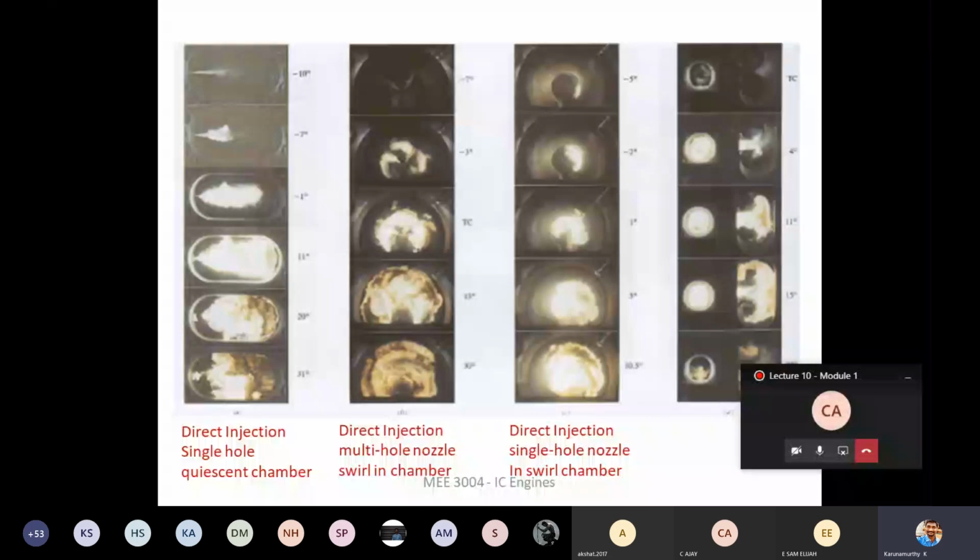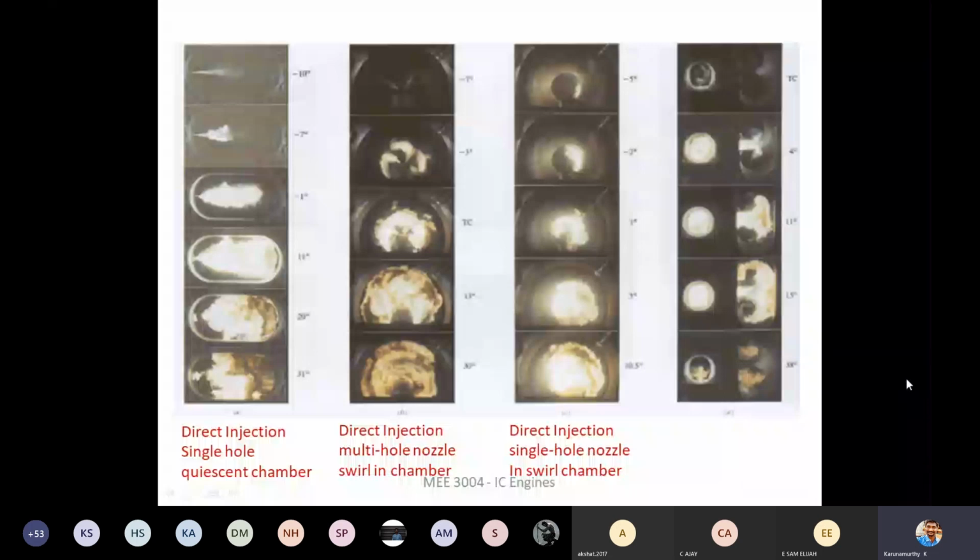Now if it is going to be multi-hole, here this is 1, 2, 3, 4. There are 4 holes in the fuel nozzle. So its spray pattern is this, and it is going to diffuse with the air and combustion takes place. If it is an indirect injection with swirl, then you will have a pre-combustion chamber and a main combustion chamber.